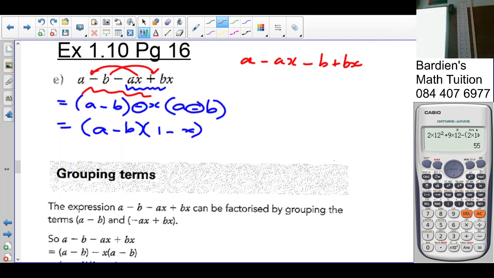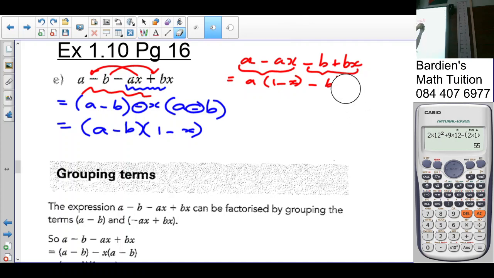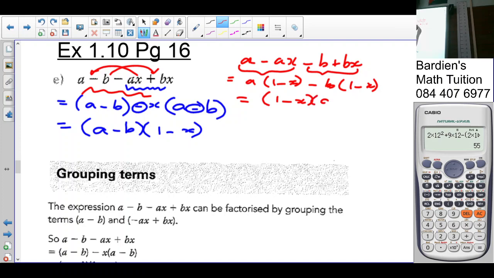So, what is common here? A. Then I'm left with 1 minus x. What's common here? Negative b. Then I'm left with what? 1 minus x. What's now common? And then left with? You see that there, and this is the same.